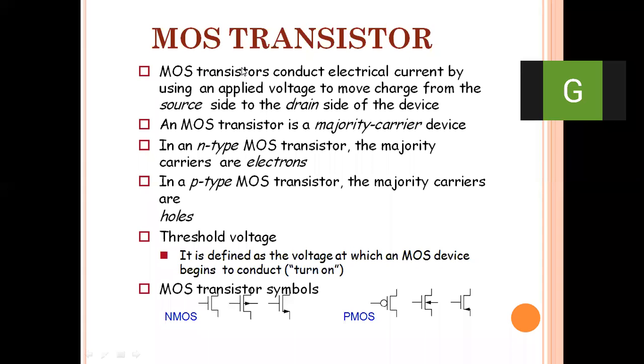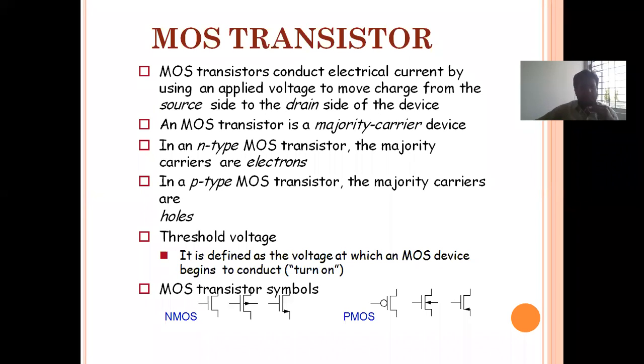Gate to source, VGS. How many terminals are there for the MOS, and how many terminals for the BJT? BJT has 3 terminals, that is the collector, base, and emitter. And for the MOS, there are 4 terminals.